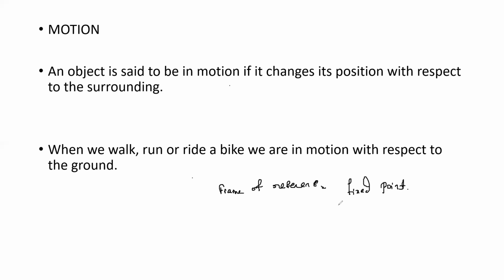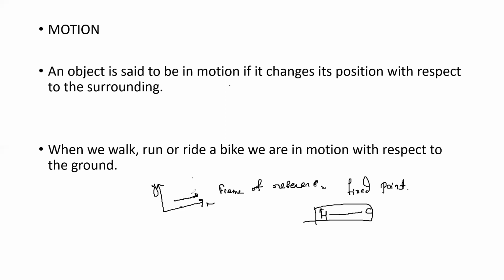For example, suppose you are traveling from your home to your college. Whatever motion you are defining, you define it with respect to this frame of reference. If I define that the vehicle is moving in a straight line, I'll take one coordinate as x and one as y. When the object is traveling in a straight line, we need to define it with respect to some point or some distance places.